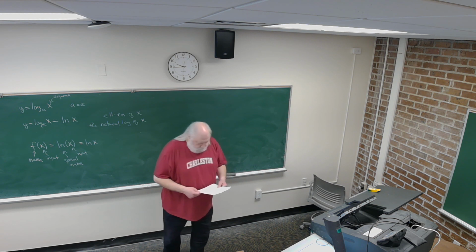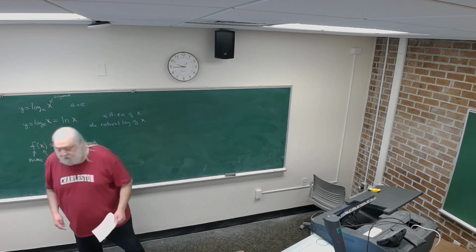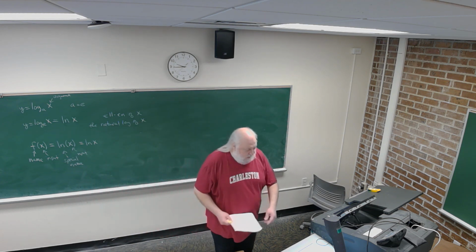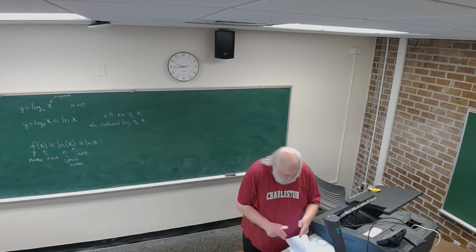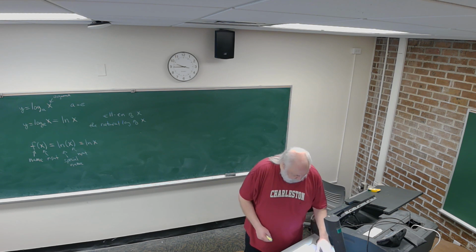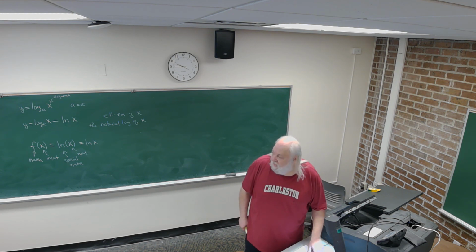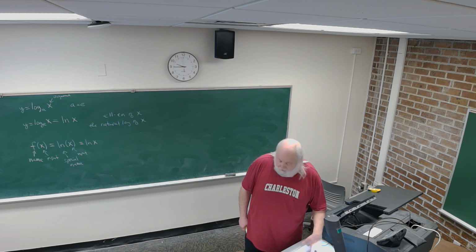All right. So there are properties of the natural log function, and they follow directly from the properties of logarithms with base a from page 1. What you see on page 3 for the natural log is the same, but you replace log base a with log base e, and then you replace log base e with ln.